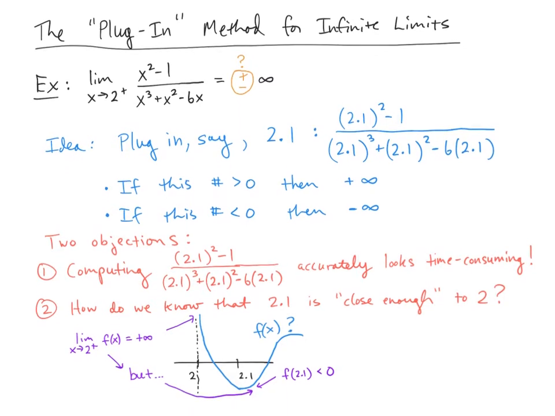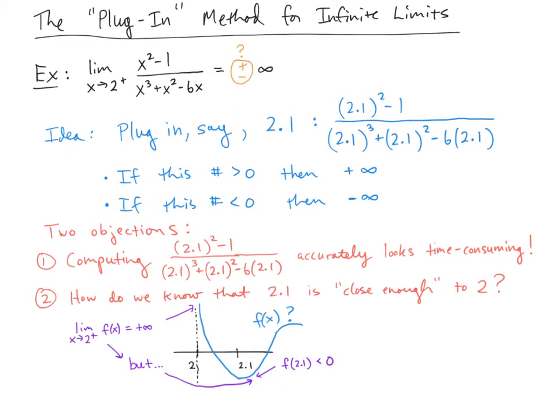The second objection is that, well, how do we know that 2.1 is close enough to 2 to give us an accurate sense of the sign of this function near 2? So it's perfectly possible to imagine that perhaps f of x looks something like this. I've outlined the graph of a function here where f of x takes a negative value at 2.1, but nevertheless the limit as you approach 2 from the right of f of x is positive infinity, right?